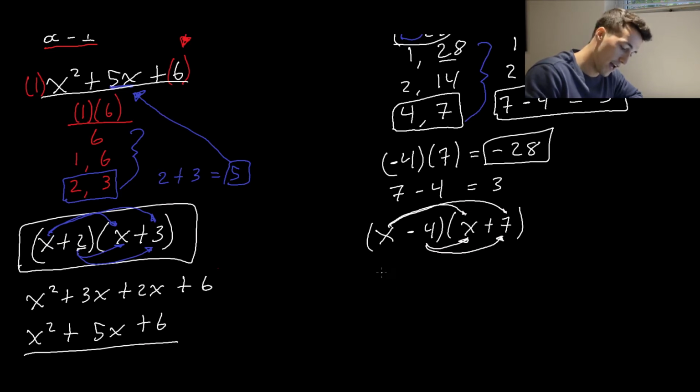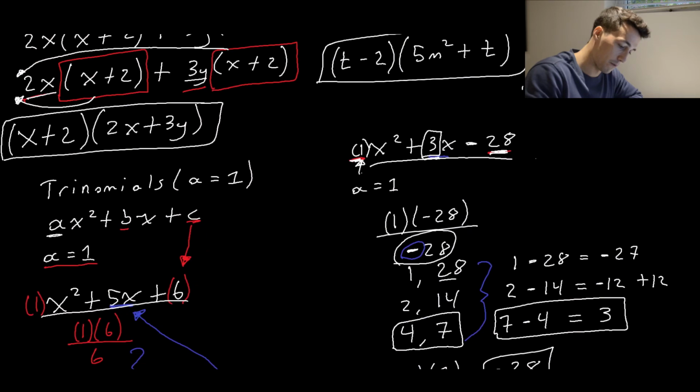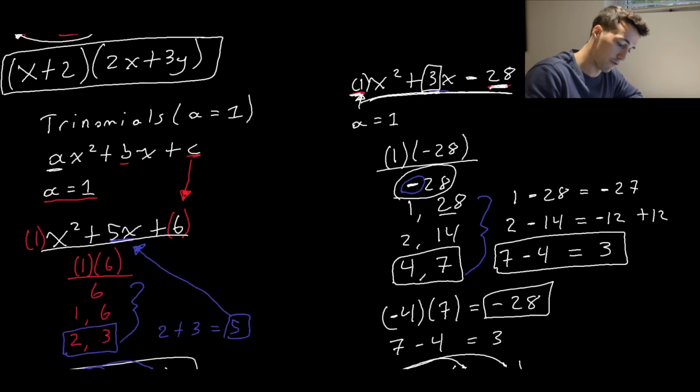So we get x squared, plus 7x, minus 4x, and minus 28. If we collect these like terms, we get x squared plus 3x minus 28. And this is exactly the same as up here, so we know that our factored form is correct.